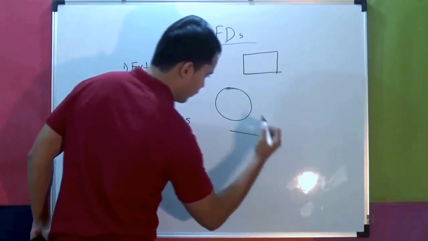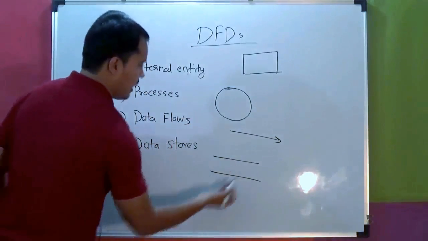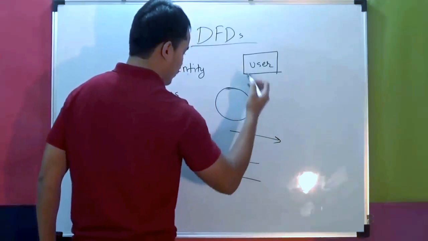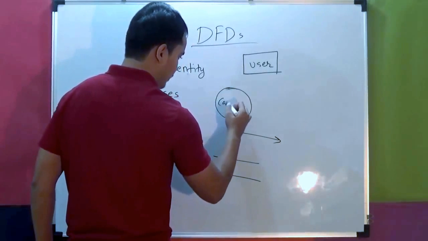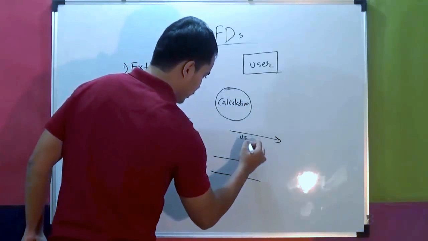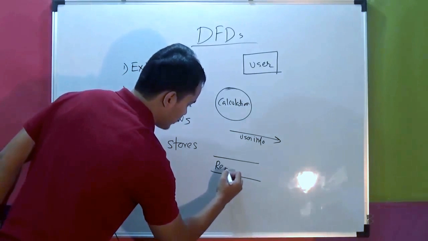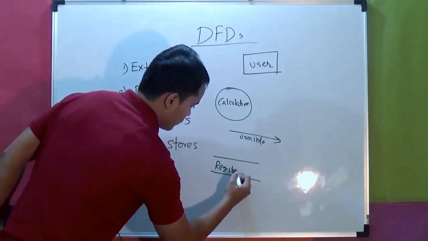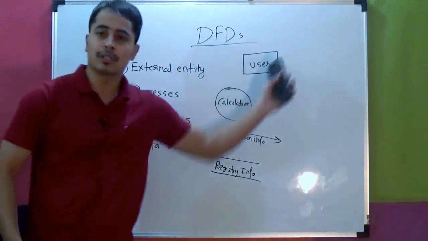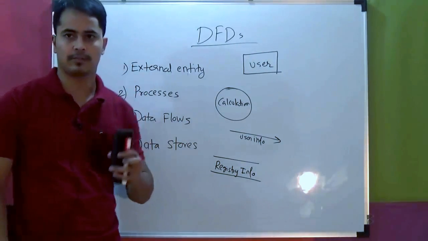Data flows are drawn as arrows, and data stores are drawn like this, and then all of these are labeled: external entity, for example user; process, like some kind of calculation; then you have data flow, user info; then you have data store, registry information, something like that. So everything is labeled correctly. But these are the usual symbols for your external entity, process, data flows, and data stores.